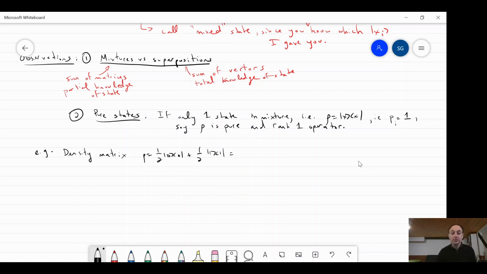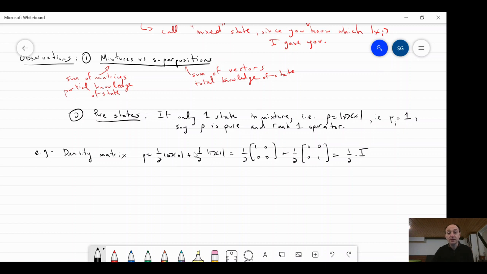Think back: when we had |i><j|, you take a matrix and just put a 1 in the position at row i, column j. So this is nothing other than a half, and we put a 1 in the top left because it's at index 0 0, plus a half, and index 1 1 puts a 1 in the bottom right. When I add these two, I basically get the identity times a half, right? That's exactly what we get.